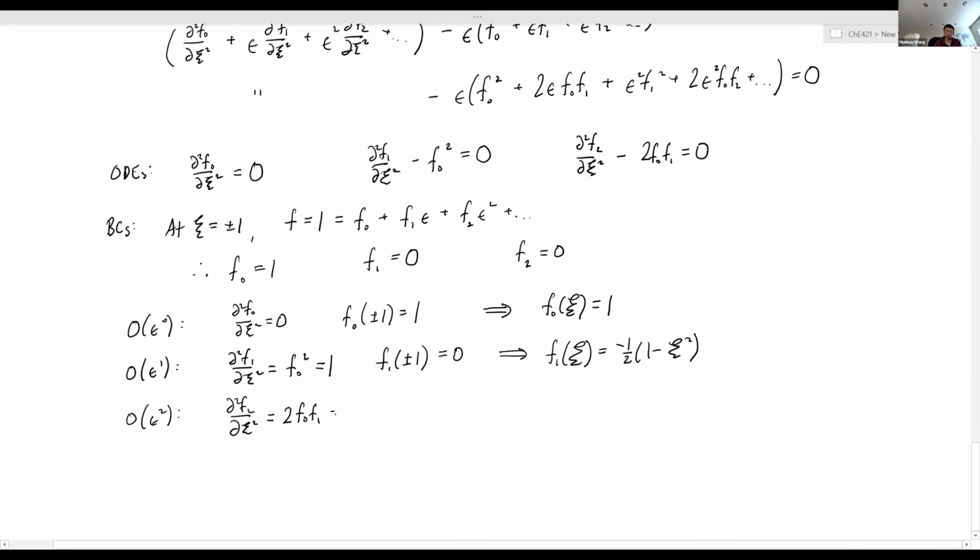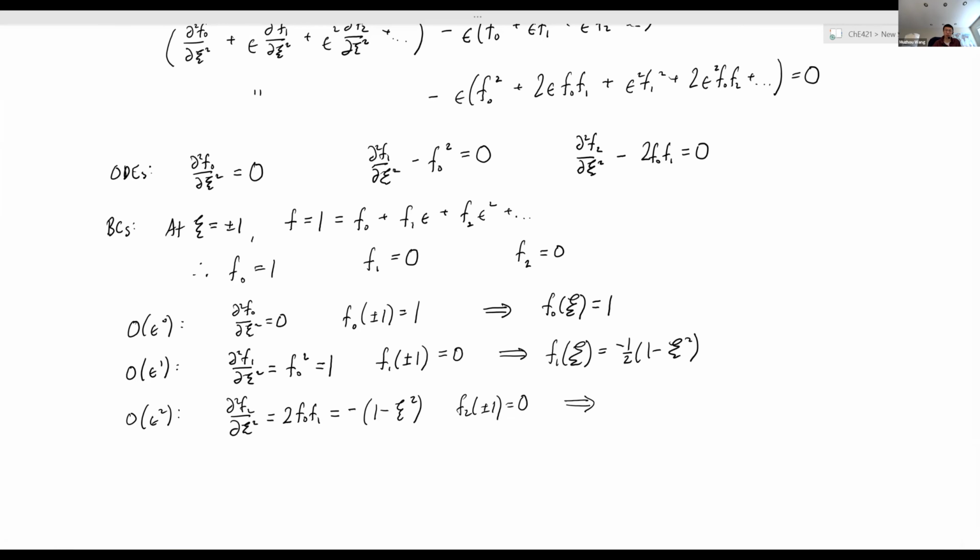And so this looks like this, with the boundary conditions that we wrote earlier. You could solve this differential equation probably without too much difficulty. You just integrate twice and then plug in the boundary conditions. I'm going to spare you the details of that.